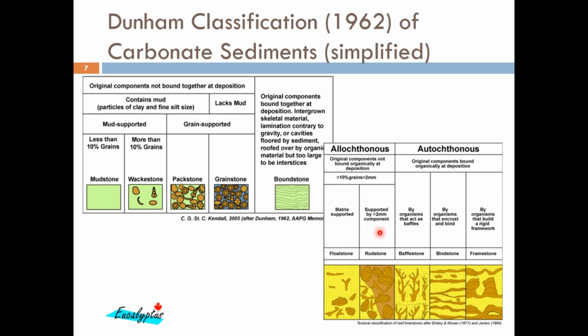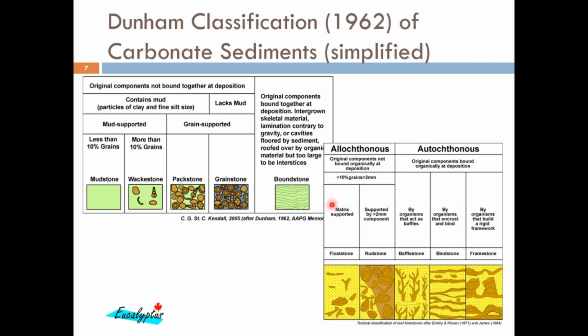Now, if you have particles coarser than 2 millimeters, then typically we subdivide the rock into allochthonous and autochthonous rocks. Allochthonous means that the material that comprises the rock has been carried into the area of deposition from outside that area. That's why it's called allochthonous.